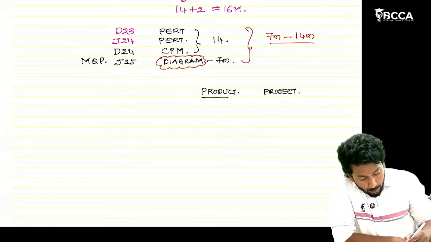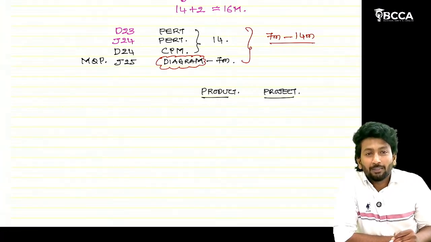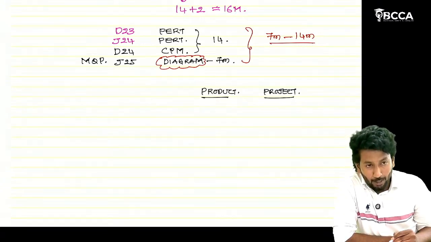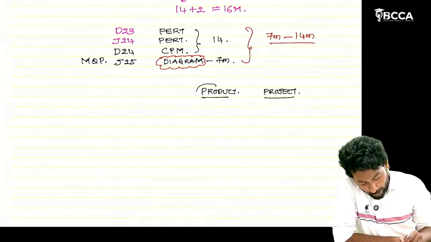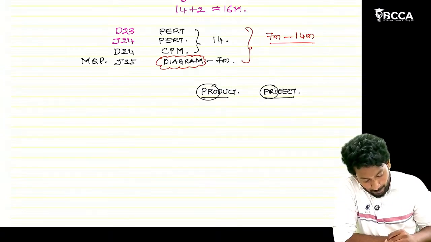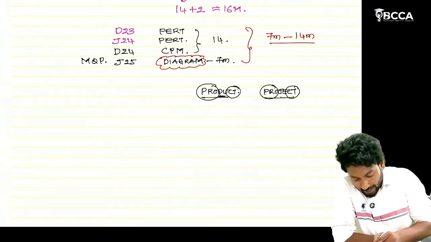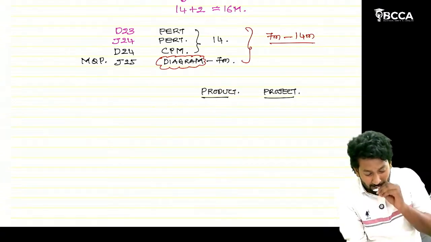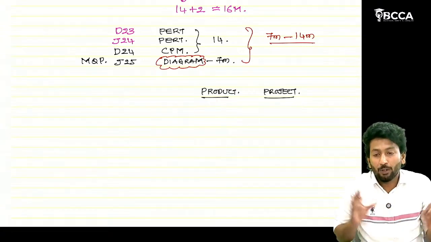Product starts with P and ends with T. Project also starts with P and ends with T. Here we have pro, here also pro. Both end with CT. But the difference is that a product is small, and a project is huge.